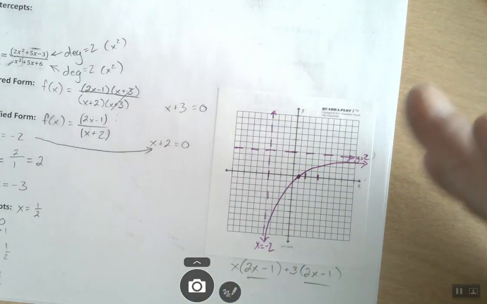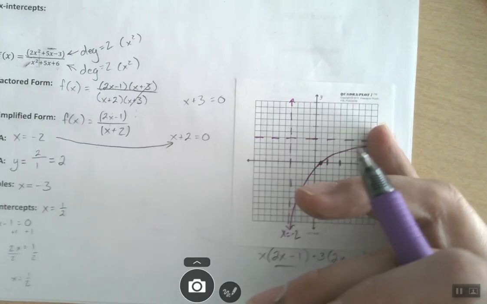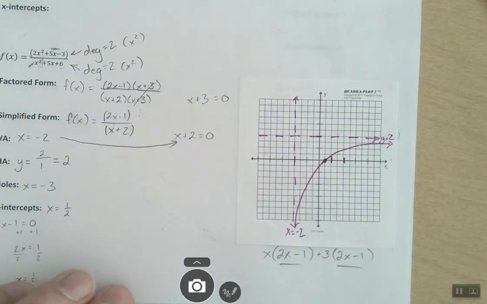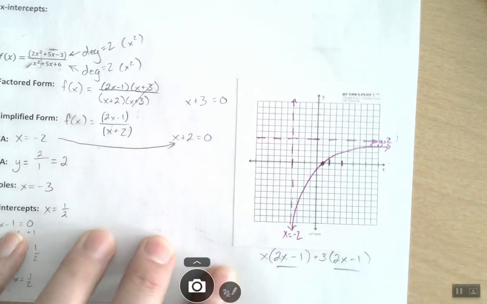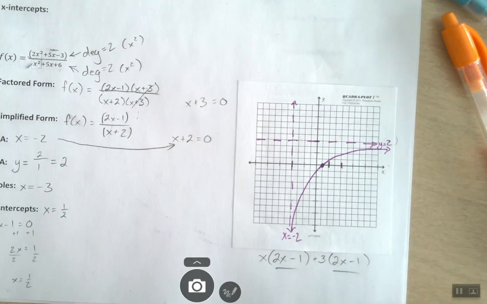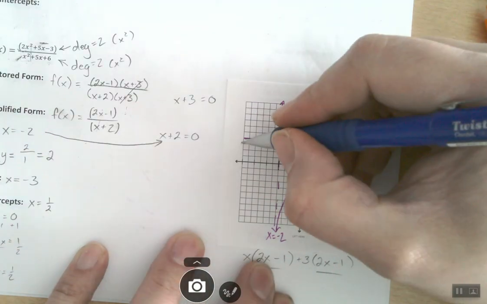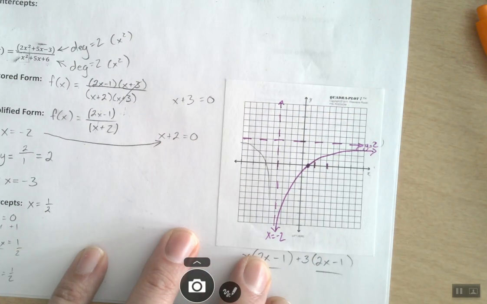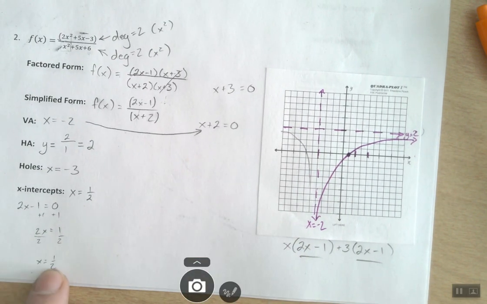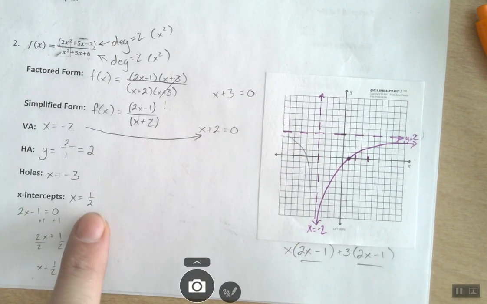Now, this is where we were getting hung up yesterday, and I want to see if we can do it without making a bunch of extra points. Does the graph have any chance of being here? Can you tell me why not? This is the only place that I ever cross the x-axis.